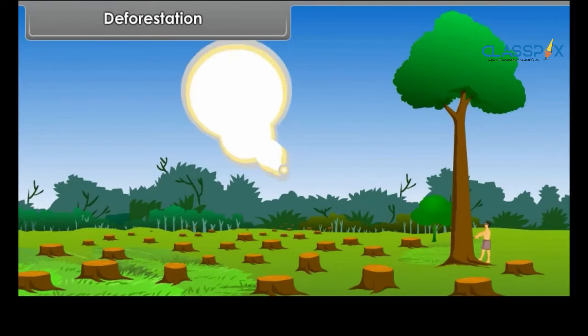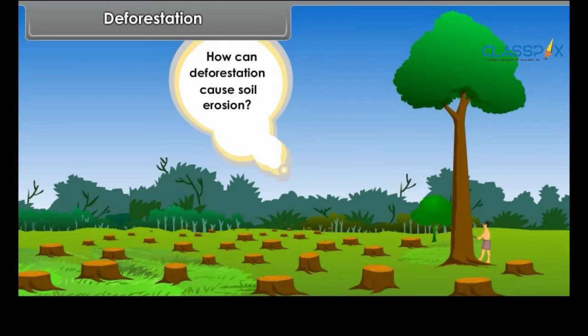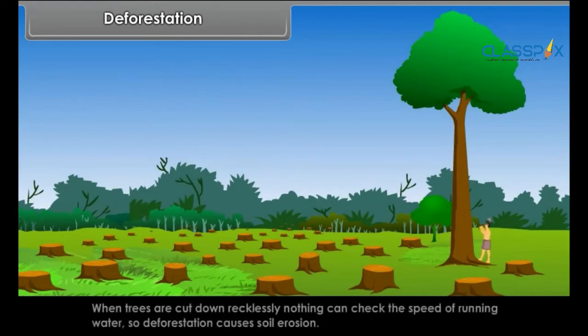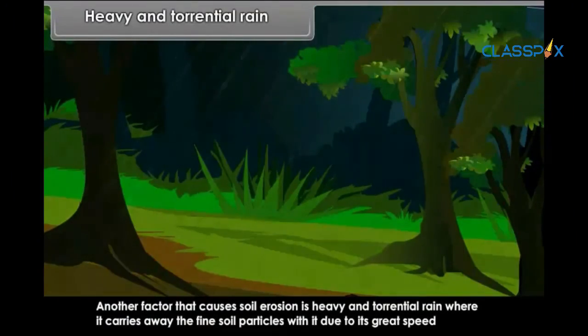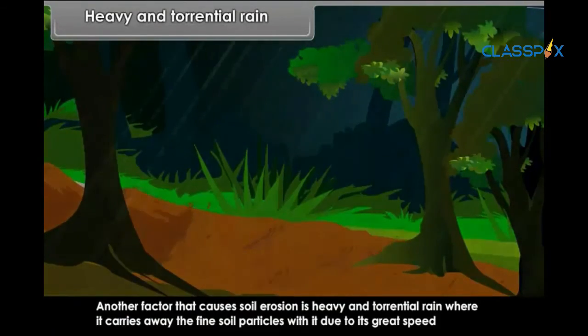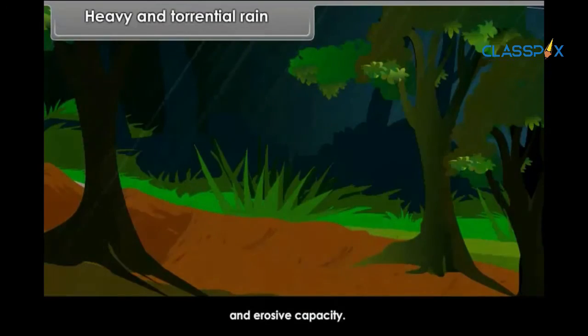Deforestation. How can deforestation cause soil erosion? When trees are cut down recklessly, nothing can check the speed of running water. So, deforestation causes soil erosion. Another factor that causes soil erosion is heavy and torrential rain, where it carries away the fine soil particles with it due to its great speed and erosive capacity.